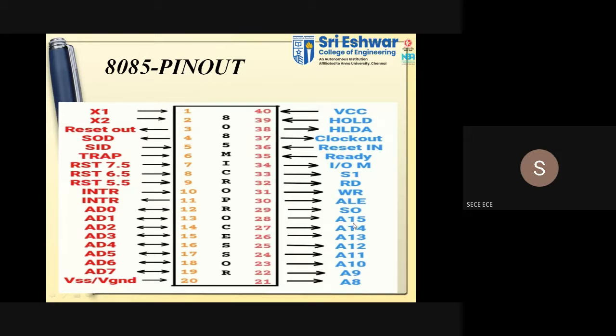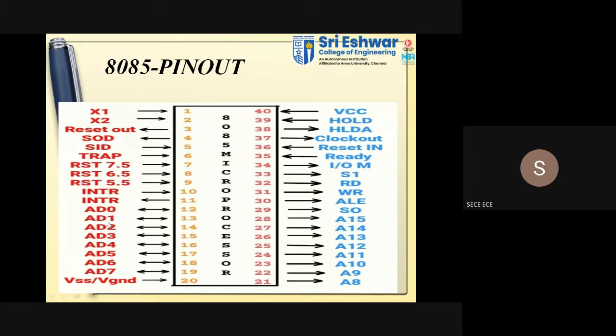Totally we have 16 address lines. So how many data lines? Sanjana, 8. Good. We have 8 data lines because the data is multiplexed with address here, 0, 1, 2, 3, 4, 5, 6, 7.